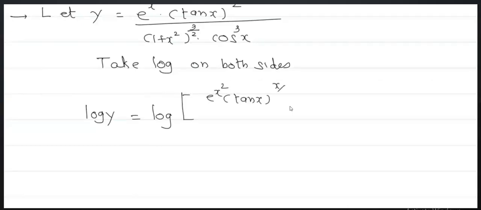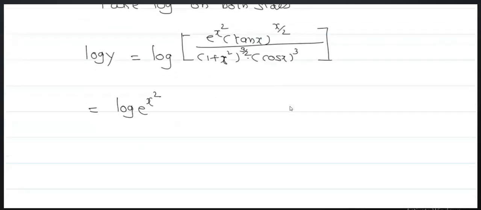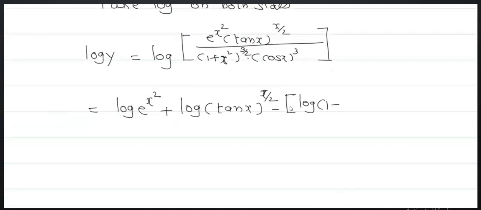Log of e raised to x square tan of x upon 1 plus x square into cos of x, that is the log of e raised to x square plus log of tan of x raised to 1 by 2 minus log of (1 plus x square) raised to 3 by 2 plus log of cos of x bracket raised to 3.